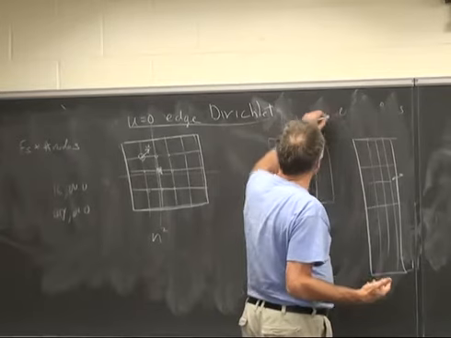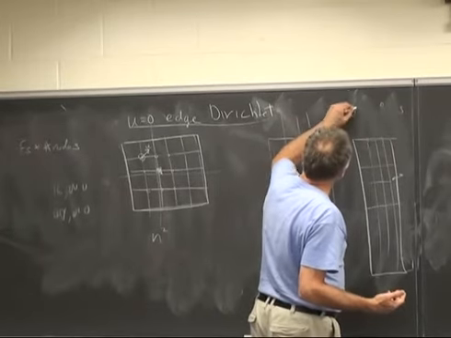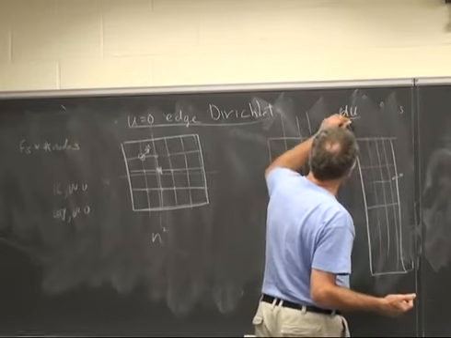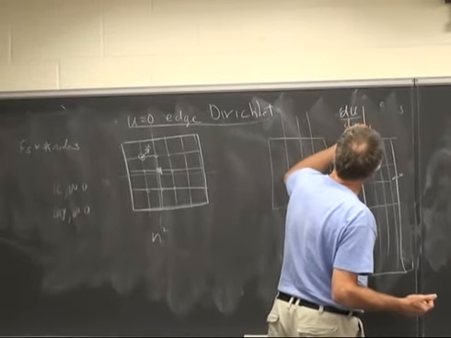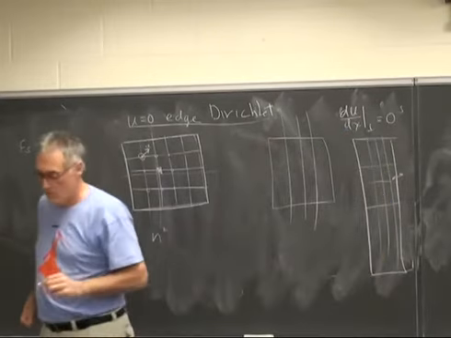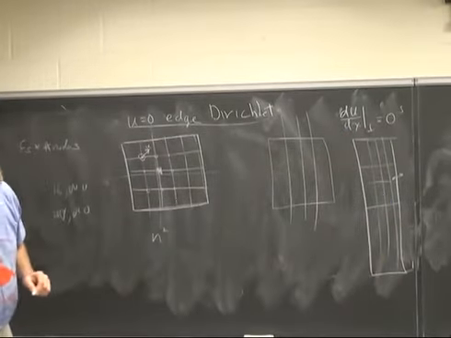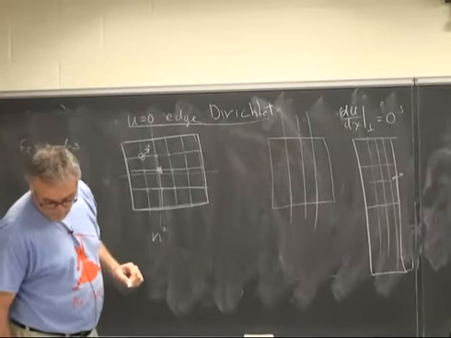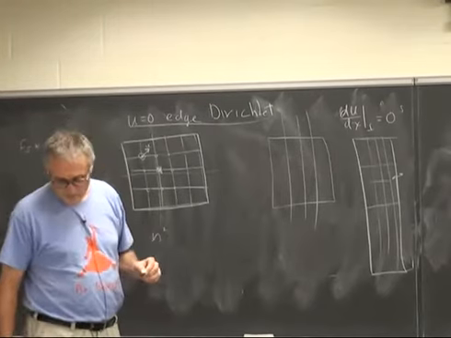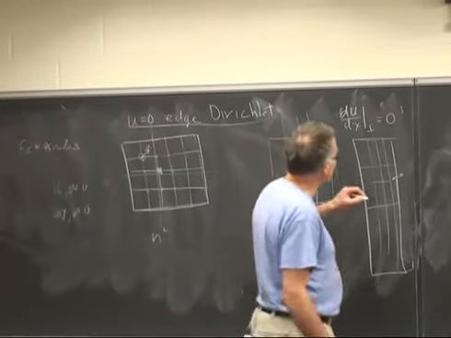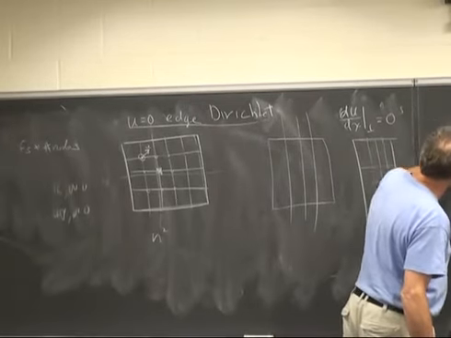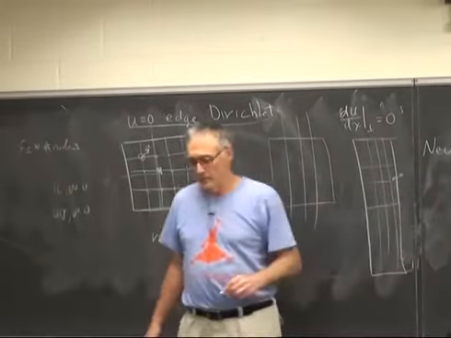And so we have the condition that du in the direction perpendicular to the edge has got to equal 0. And that's called a what kind of condition? That's a Neumann boundary condition.